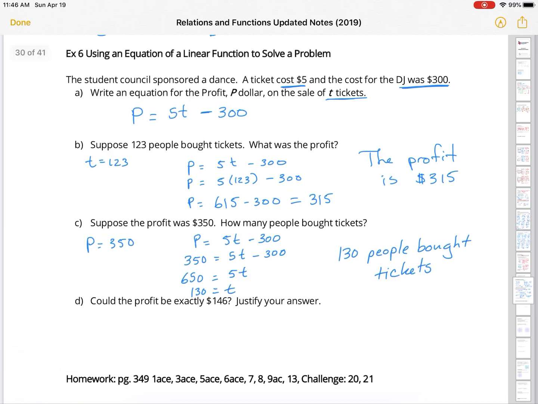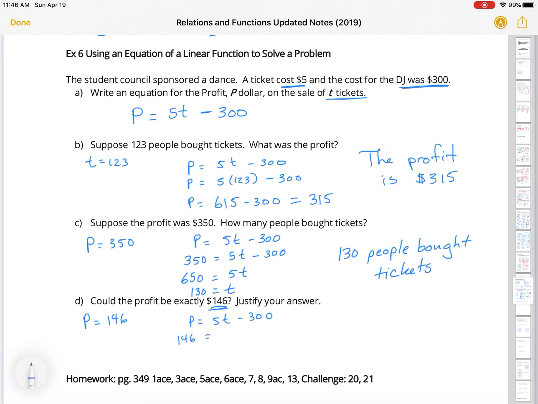Okay. Now, could the profit be exactly 146? Justify your answer. So what we have to do is we're going to be testing to see if that would work. So P equals 146. So P is equal to 5t minus 300.